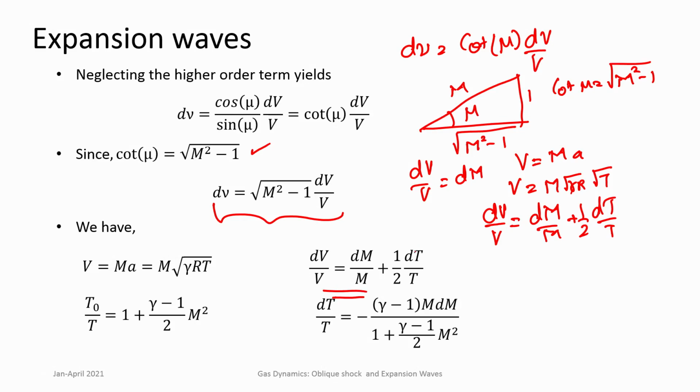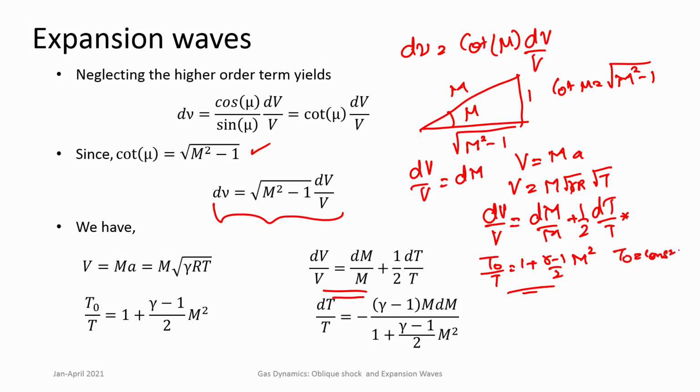Now can we express dt by t in terms of dm by m? We know that this flow is isentropic. So for an isentropic flow, T0 by T is 1 plus gamma minus 1 by 2 m square. This we know from first principles from the earlier classes, and again you can use the same kind of logarithm differentiation. T naught is constant.